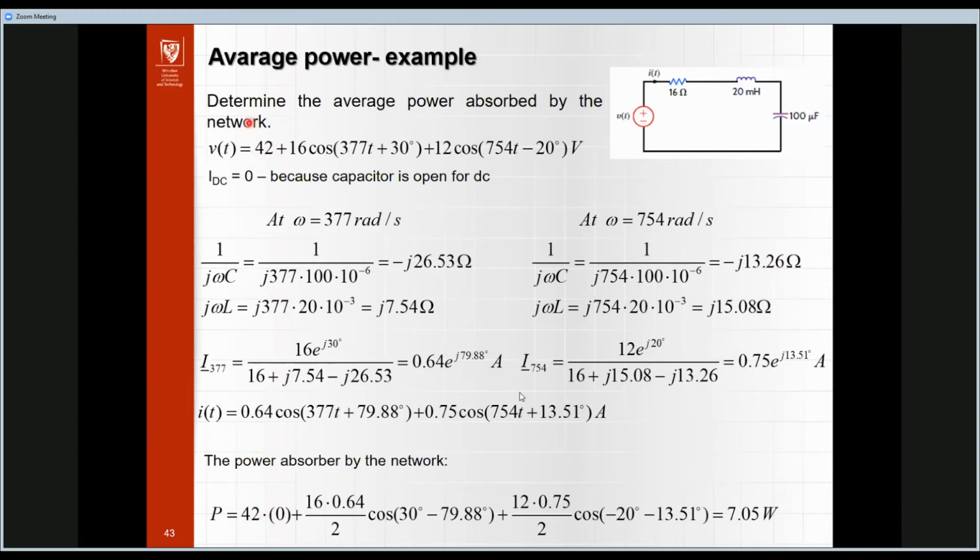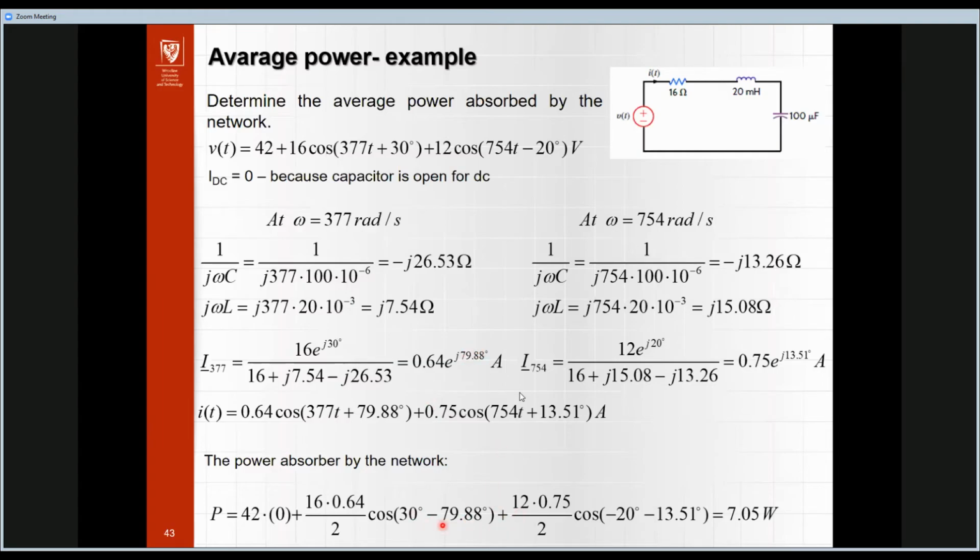The DC voltage is equal to 42, but here we have zero current, and for the first harmonic we have the voltage 16, and we multiply by the current amplitude, and now we must calculate the angle. So this is the difference between the voltage angle, which is 14, and this is the angle for the current.